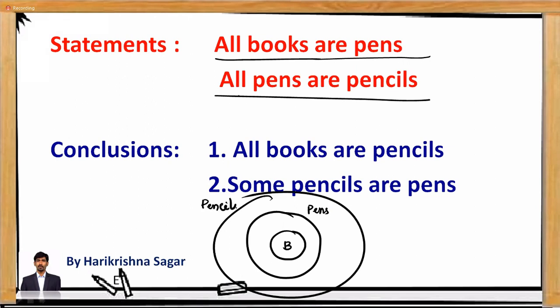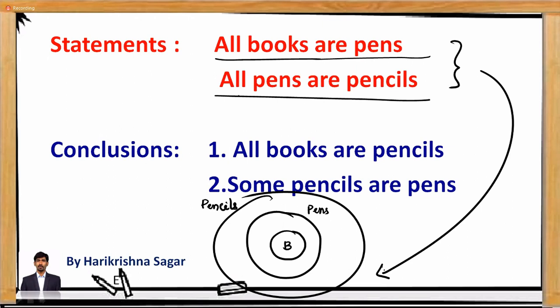You can take the second statement like this. Now, as per the information, we are able to see the conclusion. It's a diagram which I'm able to draw using the given statements.